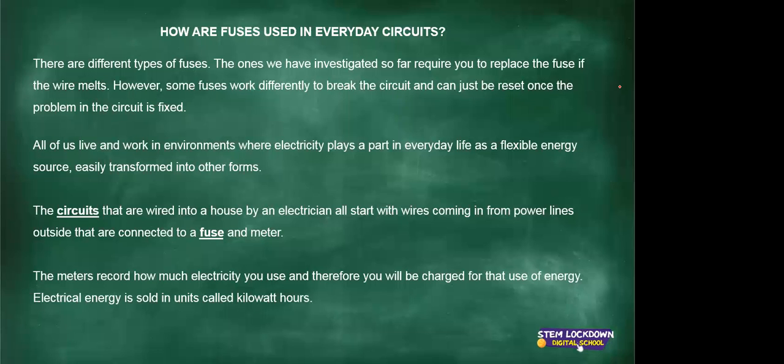So your fuse also gives you an indication that there is something wrong and you need to fix it. If you replace a fuse and you still have a problem, then there's something wrong with your circuit and you have to either send it in for fixing, or if you're good at it, try and fix it yourself.